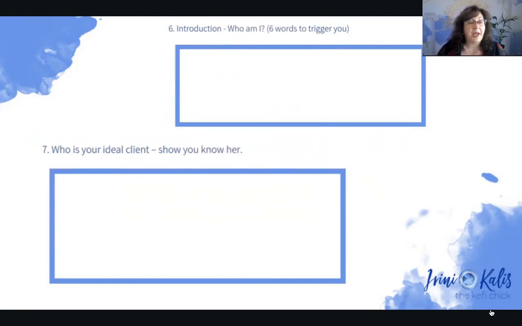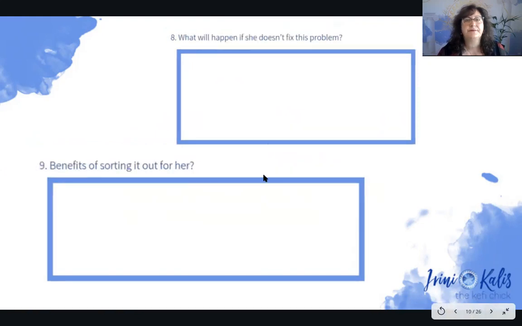So you're going to say to them, grab a seat on my free webinar and let's get you sorted. So that's why knowing your ideal client is so essential right now.